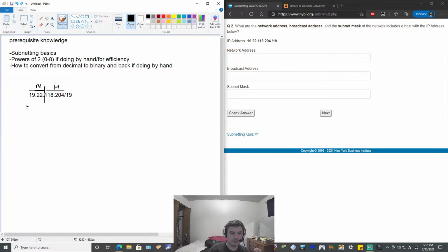So the bits of our subnet are going to be 1, 1, 1, and then 0, 0, 0, 0, 0. So we have 1, 2, 3, 4, 5, 6, 7, 8. Yep. So that's our subnet for the third octet right here, the first host one, in binary.